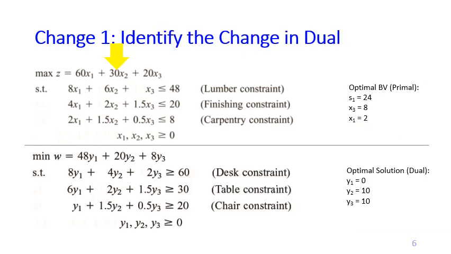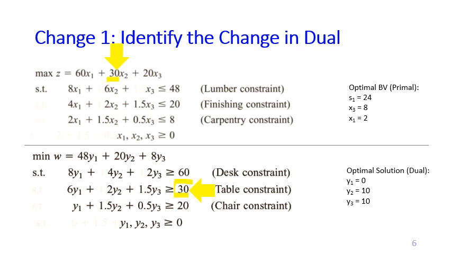Okay, so let's start by looking at this. We are going to change this coefficient from 30 to C2. Now identify that change in the dual problem. In the dual problem, it means that we are going to change the right-hand side from 30 to C2. Everything else does not change.